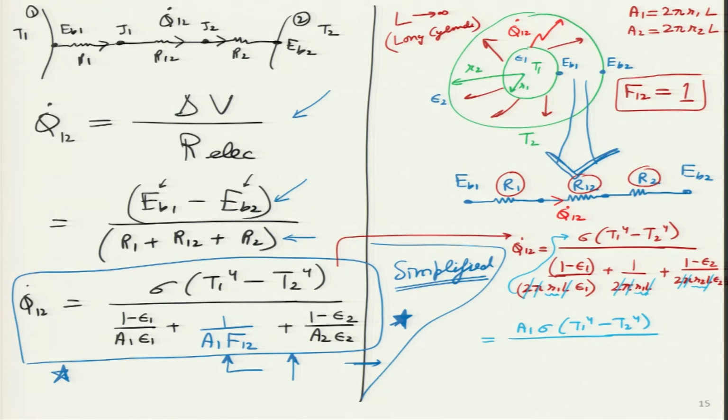The first term will become simply 1 upon epsilon 1 minus 1. The second term is simply 1, and the third term I will take as a ratio now. So, it will become R 1 by R 2, because R 1 I have taken on top over here. So, that I have to take account of, and that is what I get.